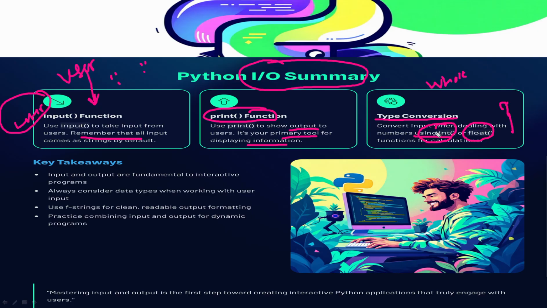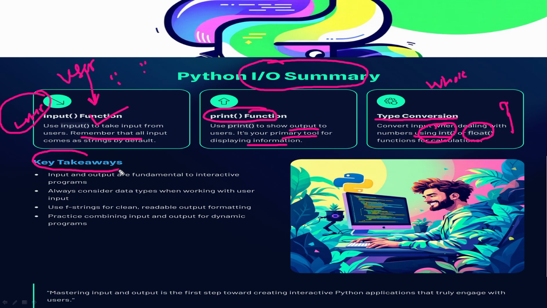Okay, here it's going to convert input when dealing with numbers using integer and float functions for the calculations. Okay, now I hope you have understood the quick meanings of input and output in Python.